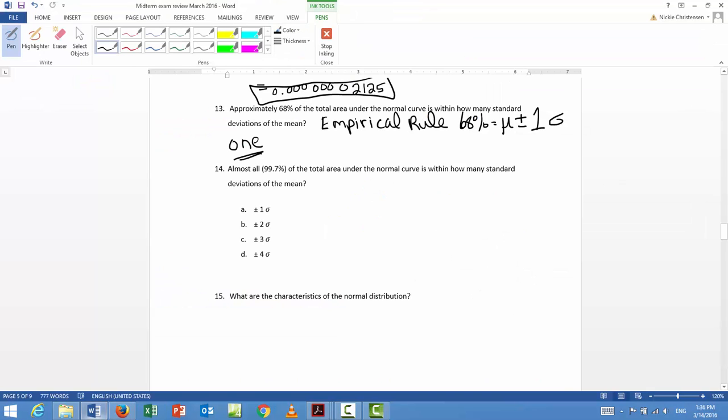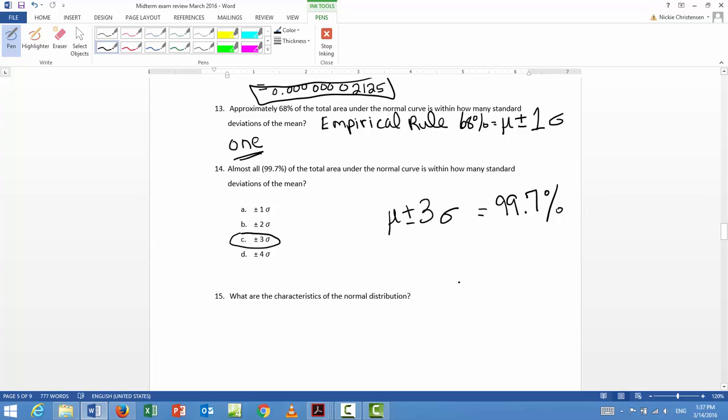Mu plus and minus 3 sigma has 99.7% of the data.